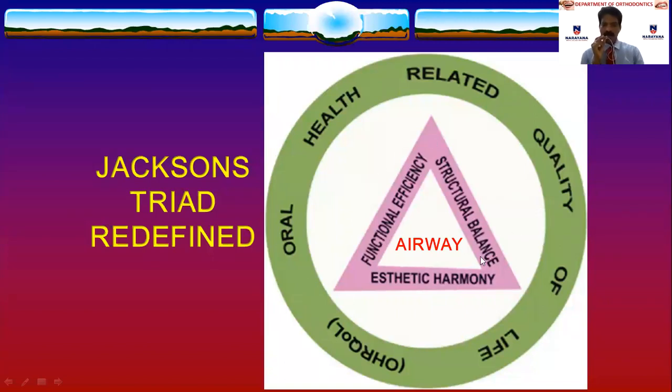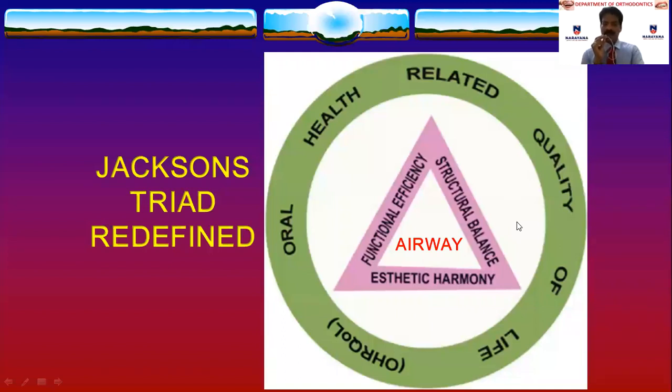Why? Because the recent focus of orthodontic treatment in the last 10-15 years has shifted to the airway, because there are airway changes. Airway has improved, correcting the obstructive sleep apnea. Where will you find obstructive sleep apnea? In mouth breathing, in the various habits.